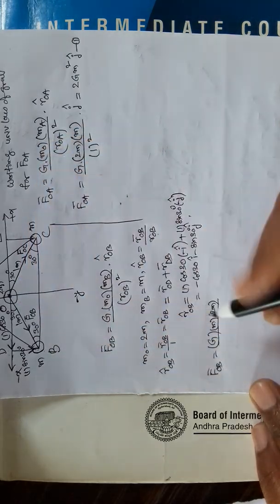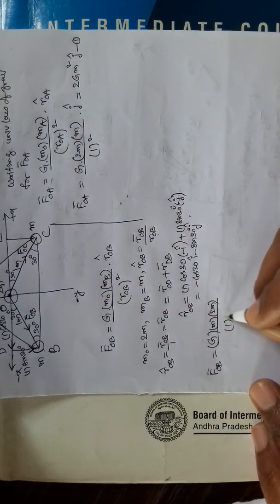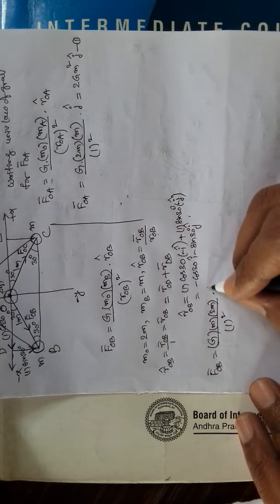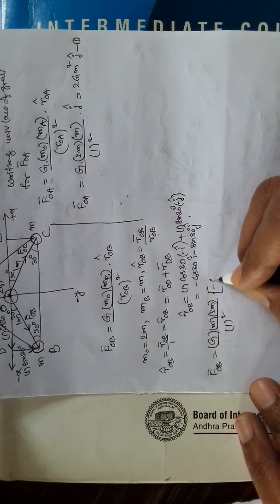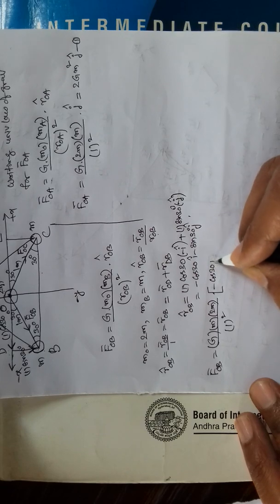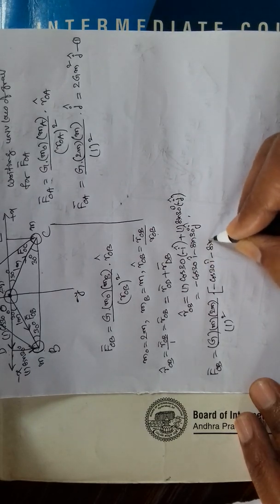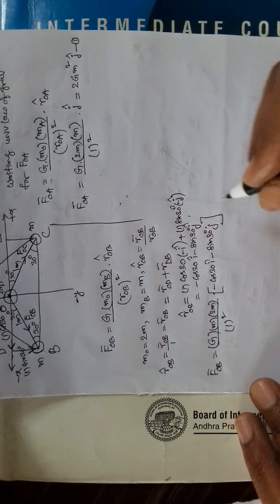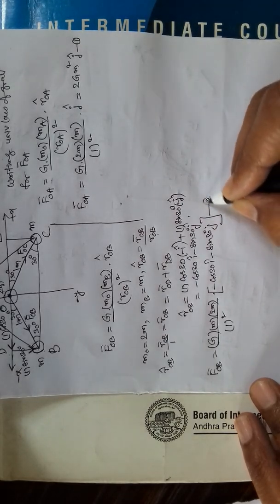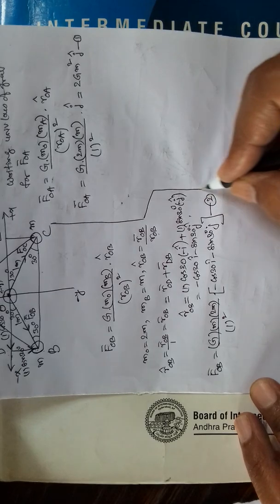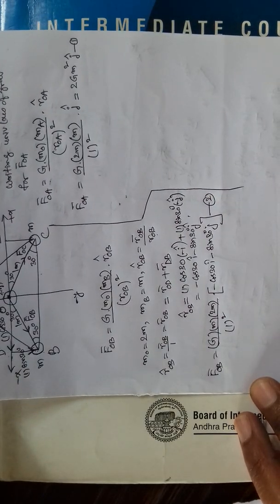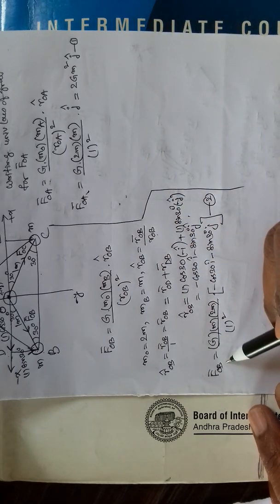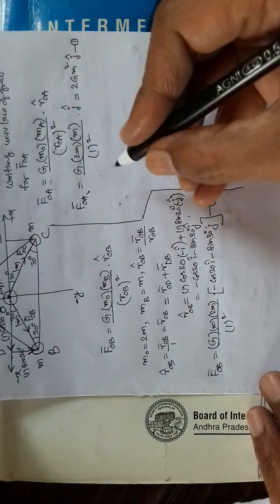ROB value is 1 meter, 1 square, into this value, which is minus cos 30 i minus sin 30 j. This is the second equation. Now after FOA and FOB, next is FOC.